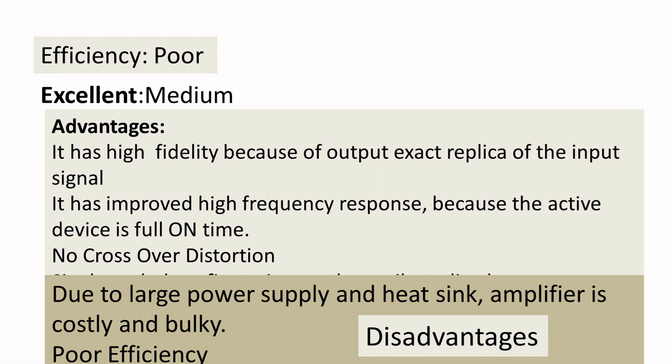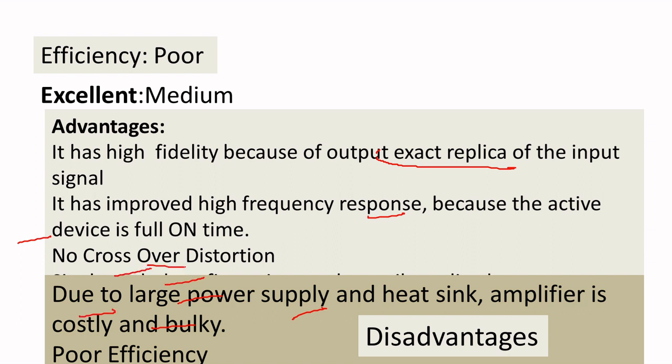If I want to say what is the advantage of class A devices, your output signal will be a replica of your input signal. The output will be an exact replica of the input signal. The device is on for all time, so you don't have crossover distortion.